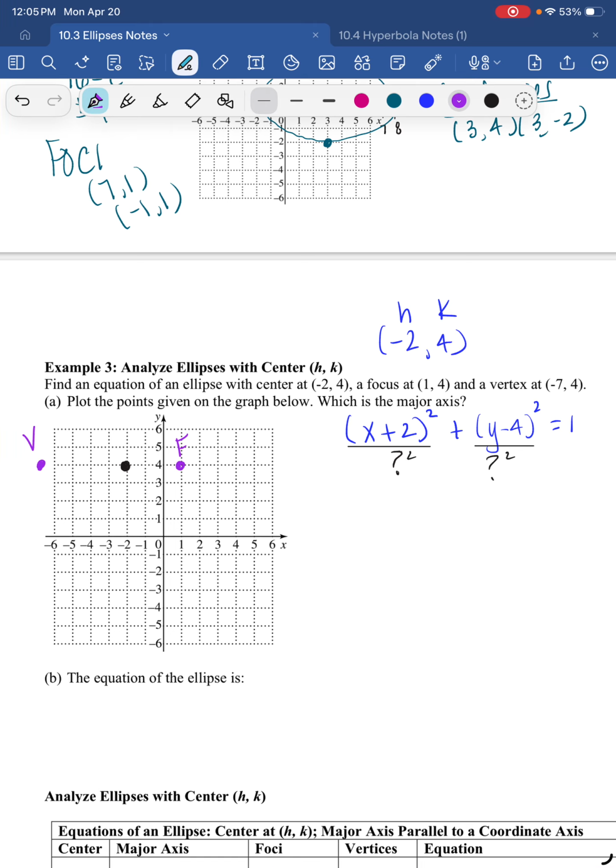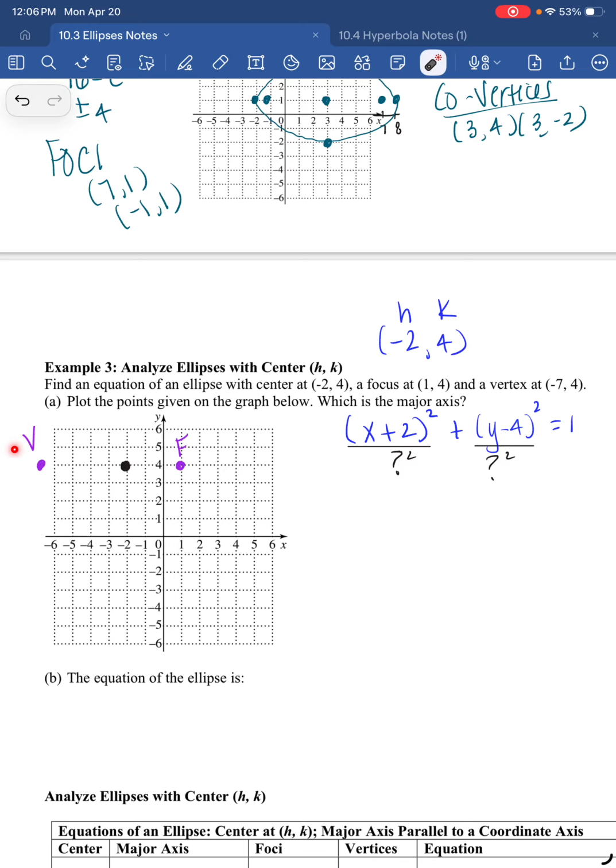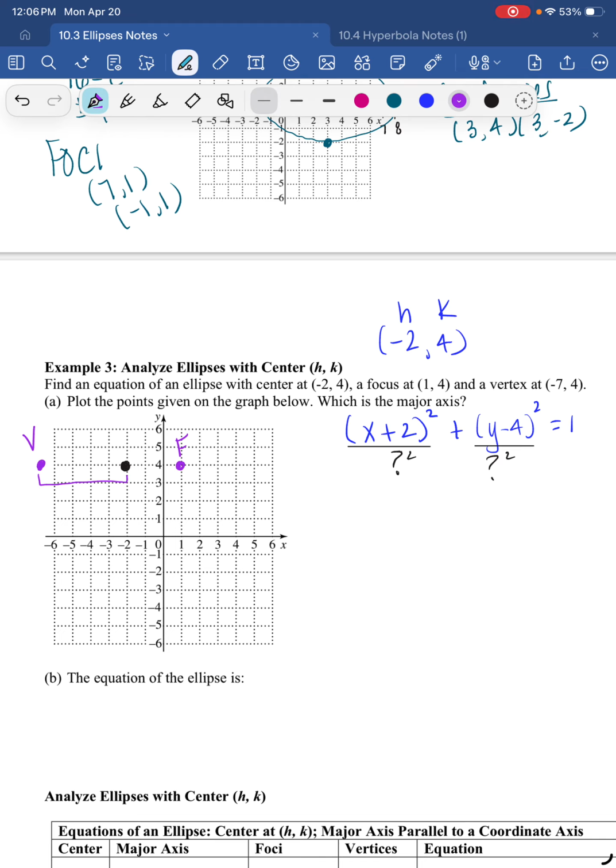All right. This ellipse opens horizontally. From the center, you moved right to get a focus. From the center, you moved left to get a vertex. If this had covertices, it would be a different scenario. All right, so the distance from the vertex to the center is 5.